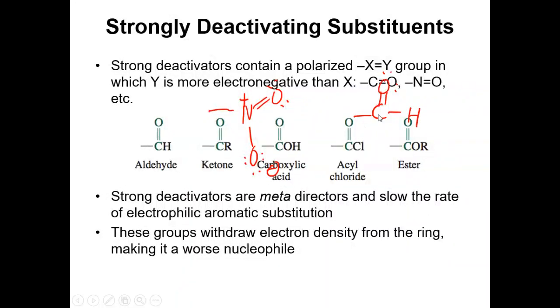Carbon here does not have a full unit of positive charge, and here nitrogen has a full unit of positive charge. And we know nitrogen is more electronegative than carbon. So based on these 2 arguments, the nitro group is a more powerful electron-withdrawing group than the carbonyl group. So the nitro group is the most powerful deactivating group you will be seeing so far in an EAS reaction.